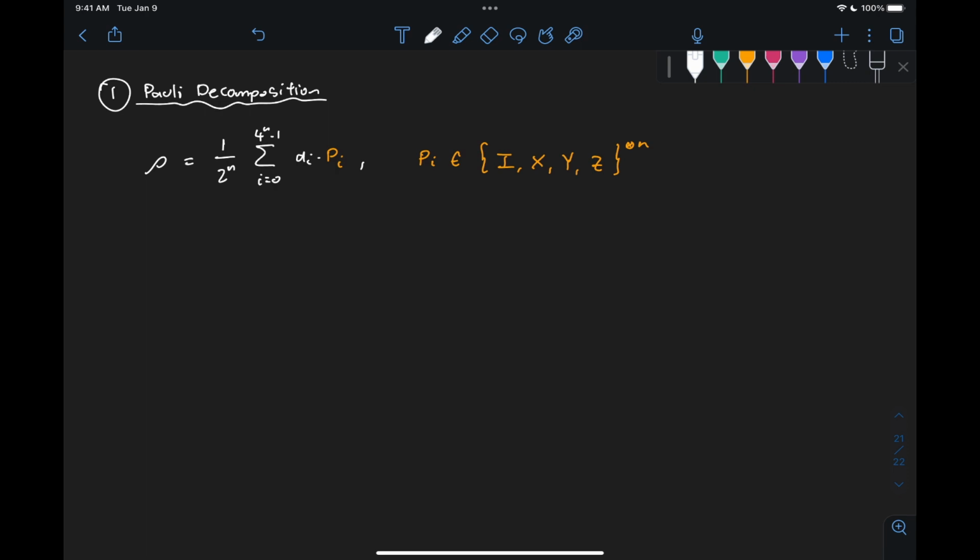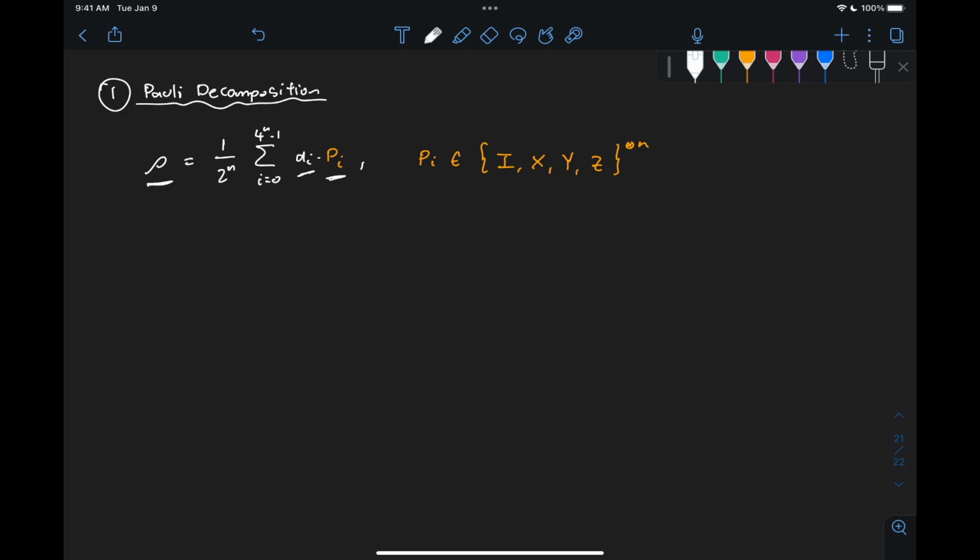So the first important concept that we need to be familiar with is that of the Pauli decomposition. And I'm not going to spend too much time on this because I have a whole video series on the density matrix and mixed states, and specifically a video on Pauli decomposition. So I'll just add a link in the description below if you're interested in learning more about it. But the bottom line is that we can express any density matrix rho as a sum of Pauli matrices, here denoted as P sub i, multiplied by some coefficients, here denoted as a sub i.